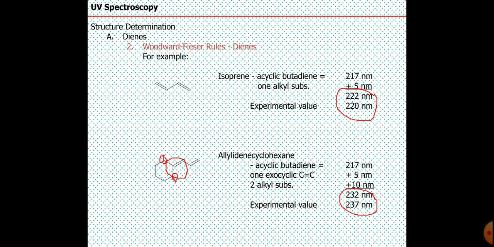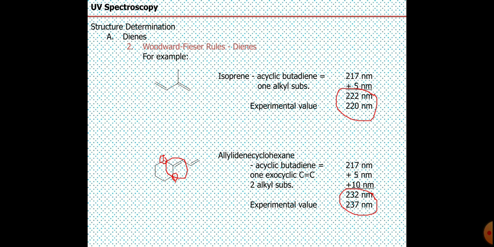Let us take one example, that is the simple diene having one methyl substituent. We know that the structure is of isoprene, which is an acyclic butadiene. So the base value for acyclic butadiene is 217 nanometer, and you can see that over this double bond system, one methyl group is present. So for methyl group or alkyl substituent or alkyl residue, plus 5 nanometer is added.